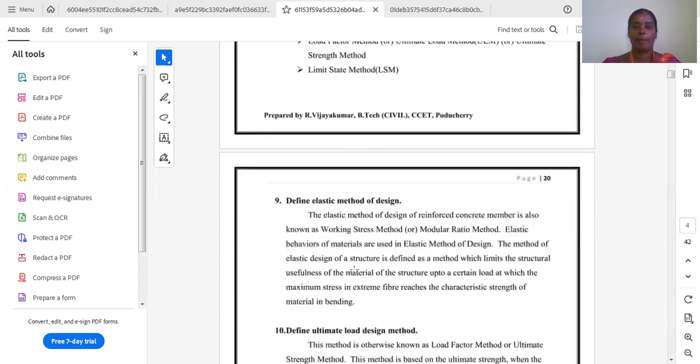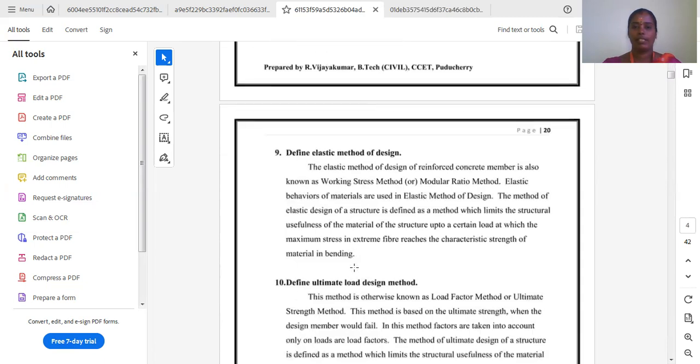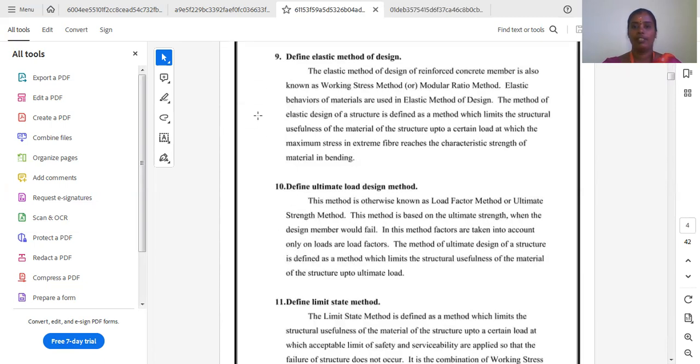Okay. Then what are the methods available? Here you can see the elastic method of design of reinforced concrete. The elastic behavior of the material is considered in design. So the elastic design of a structure is defined as the method which considers the structural usefulness of the structure.